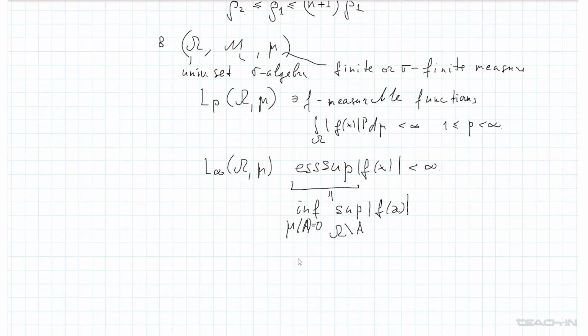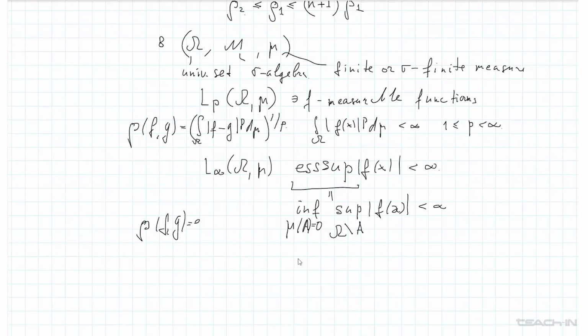That gives the essential supremum. And the metric in these spaces: for this space we have just the integral metric, and for this space we have the essential supremum.